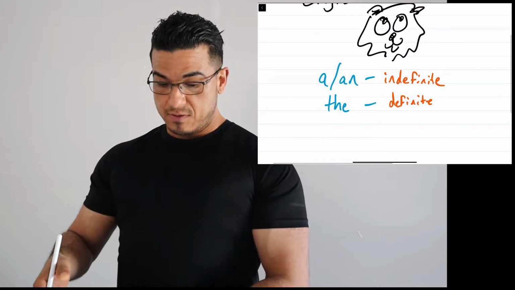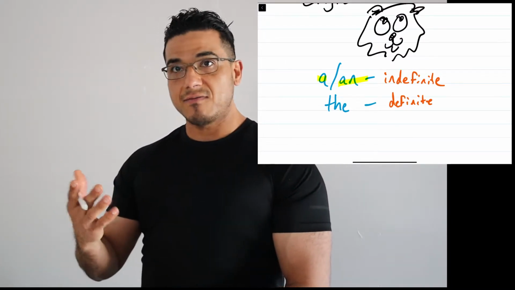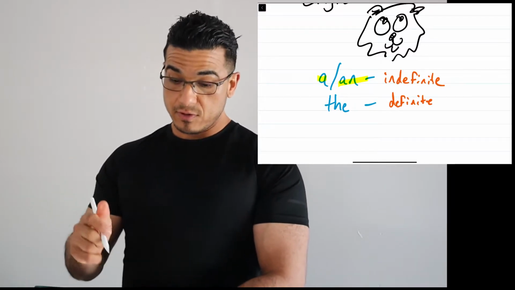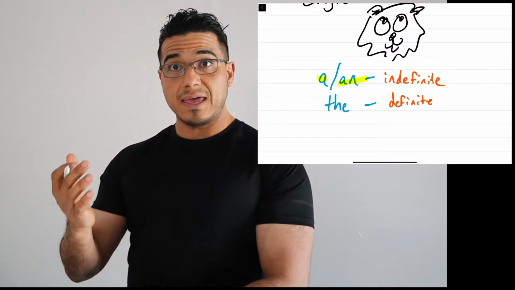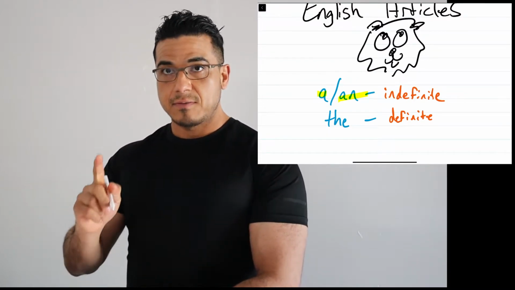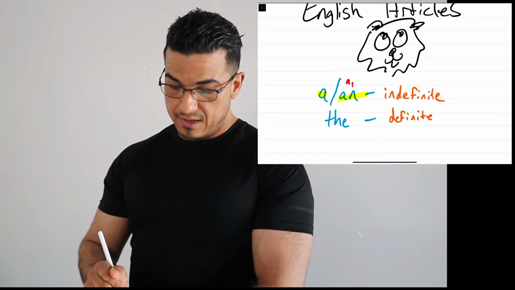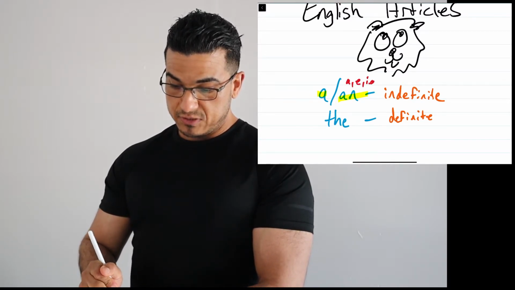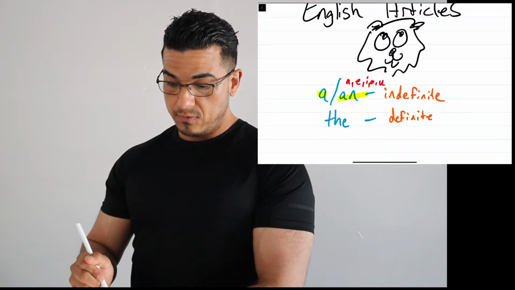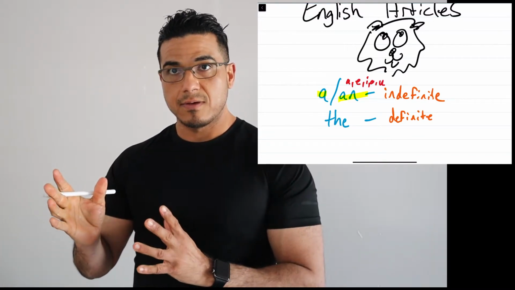Also, the distinction between a and an, they both behave and function in the same way. However, you only use an as an article when the word that follows it begins with a vowel. So if, again, the word begins with an A, an E, an I, or an O or a U, you know to use the article an.